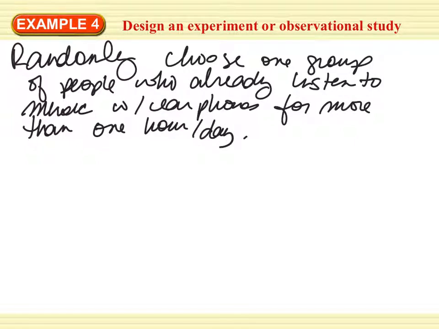You're just going to randomly choose people that do that, and then randomly choose ones that don't.